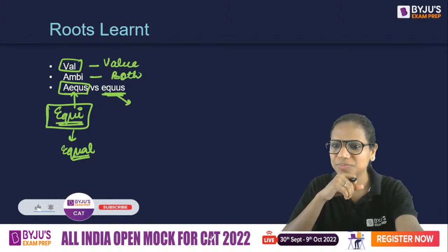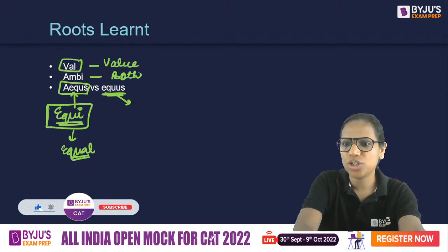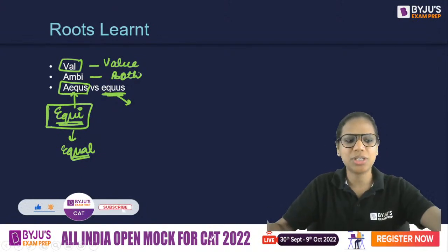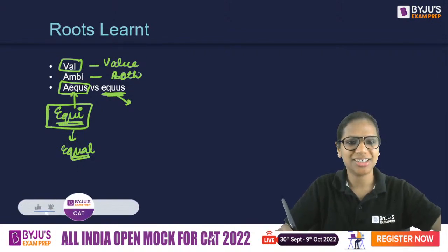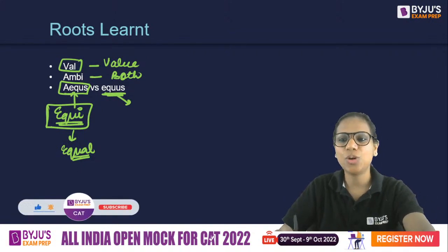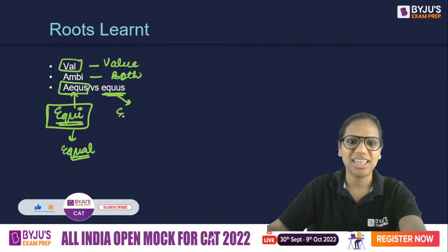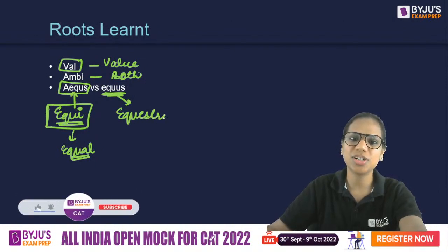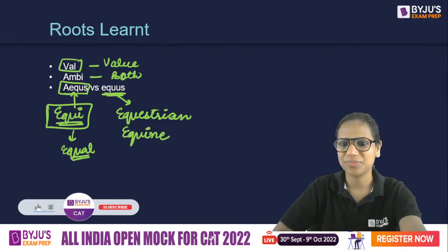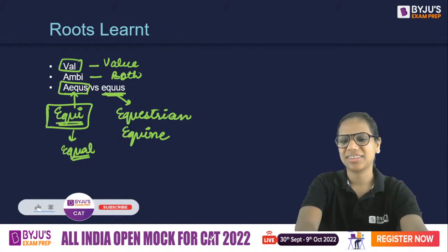Any idea? Good afternoon, Gaurav. What does this one mean? Equus. Equestrian. Equine. What do these words mean? Equestrian, equine. Any idea? Yes. Tell me, tell me.